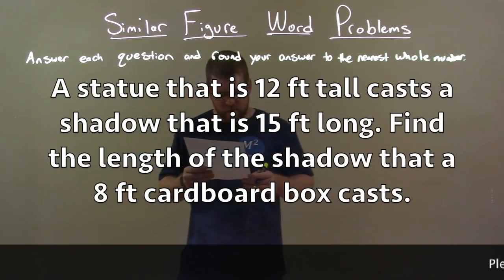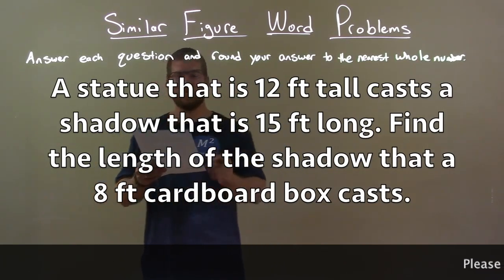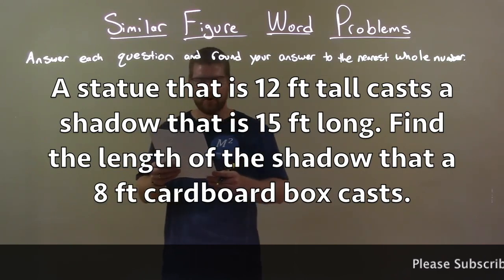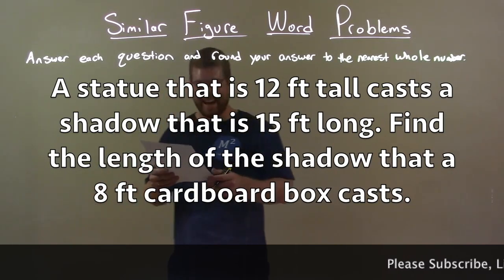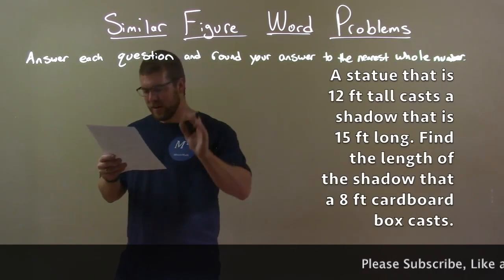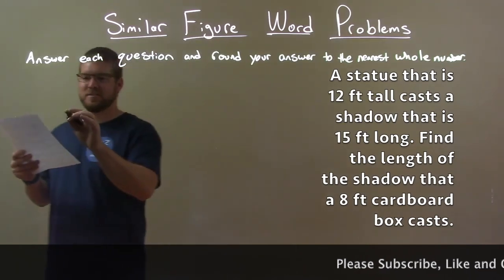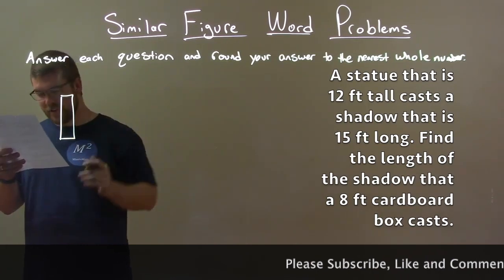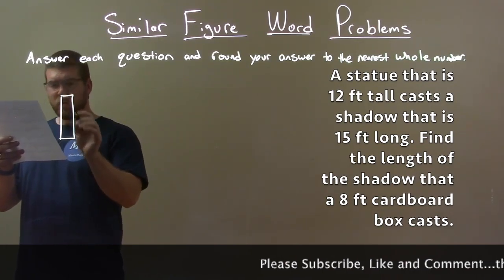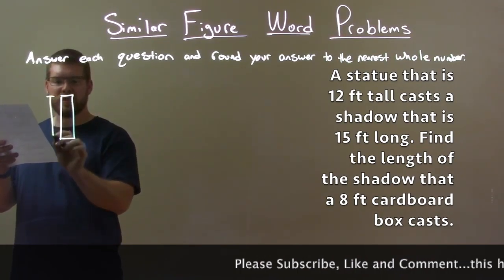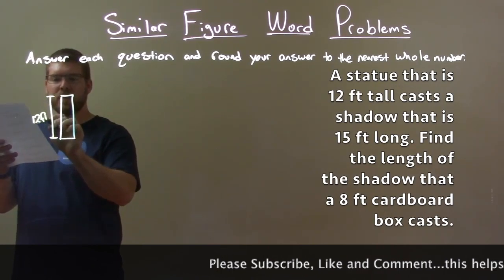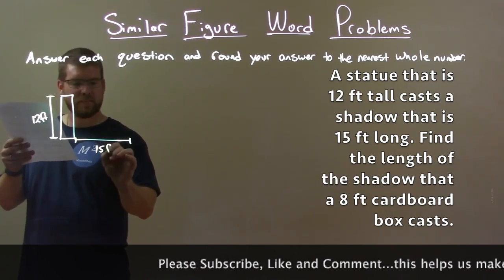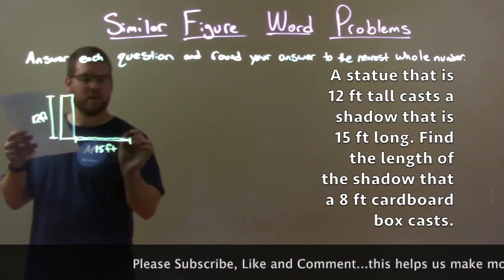A statue that is 12 feet tall casts a shadow that is 15 feet long. Find the length of the shadow that an 8-foot cardboard box casts. All right. So first thing, we're given this statue. It's 12 feet tall, and it casts a shadow that is 15 feet long.